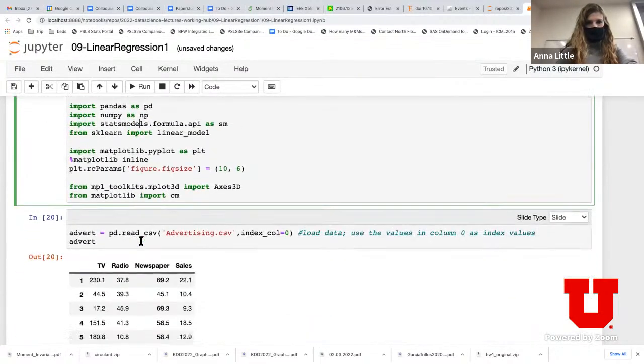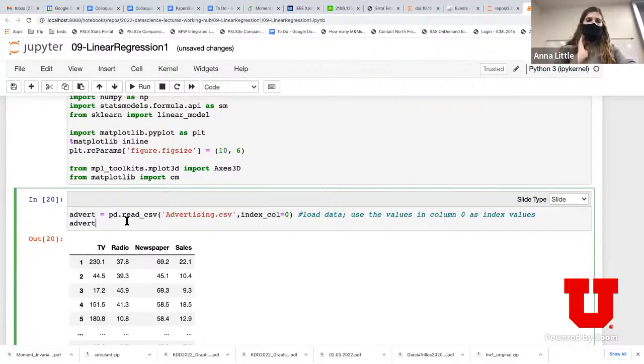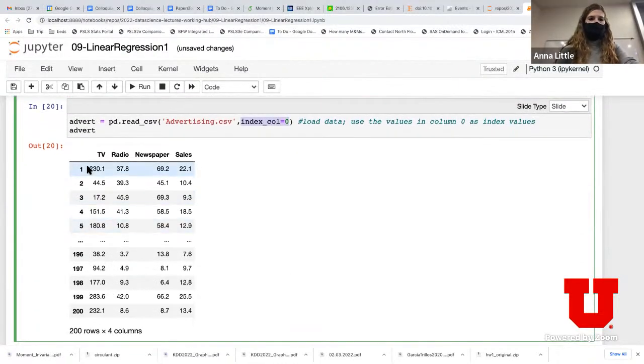Okay, so let's read in the data with our Pandas data reader. Here I'm telling it to use the first column as the index column when it reads in the CSV file. So we can take a look at what the data looks like. Here's our index, and then we see the amount spent on TV advertising, radio advertising, newspaper advertising, and sales of the product.